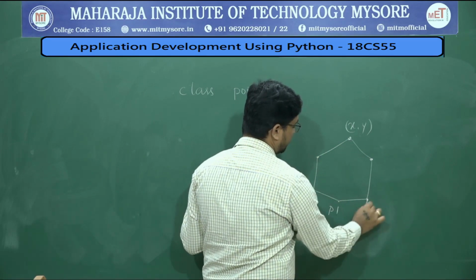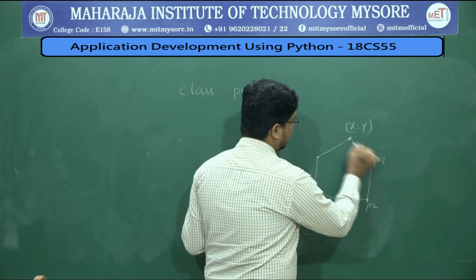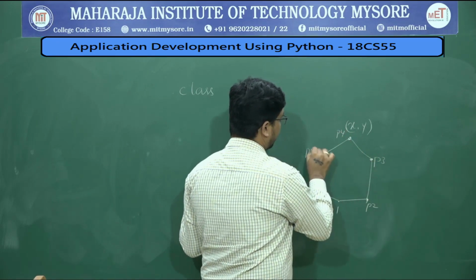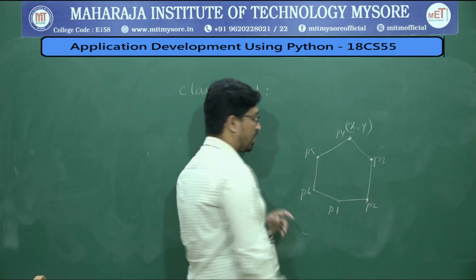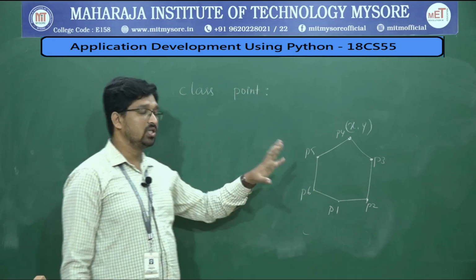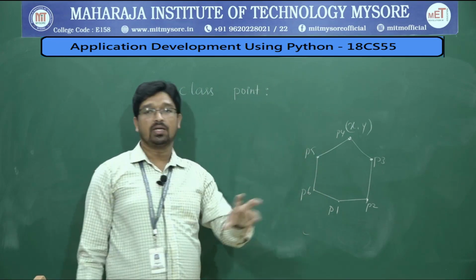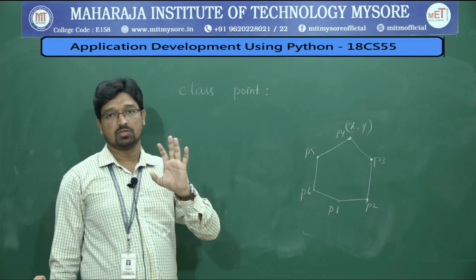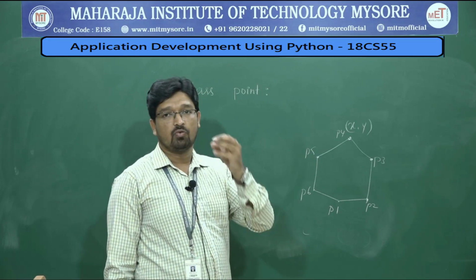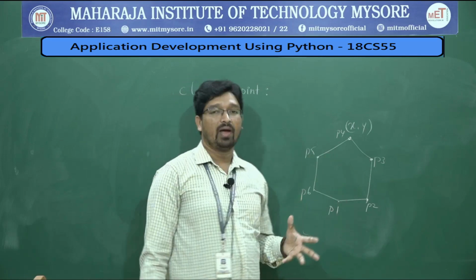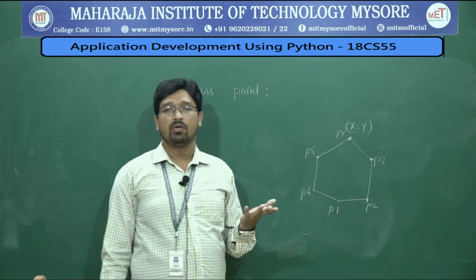Let us say P1, P2, P3, P4, P5, P6. There are 6 points. You want to store all those 6 points, and each point consists of x and y values. As I said, if you want to store in the normal way, how many variables do you need?